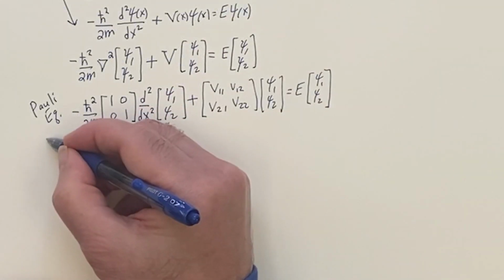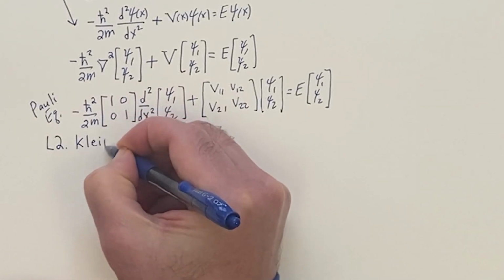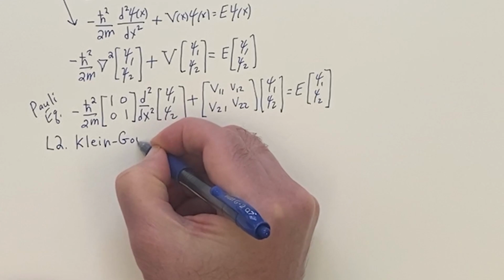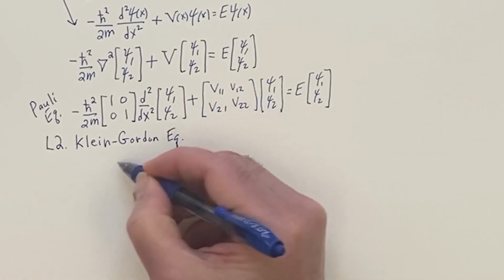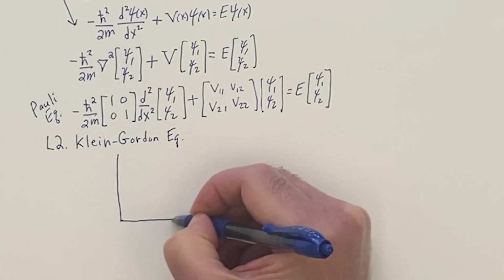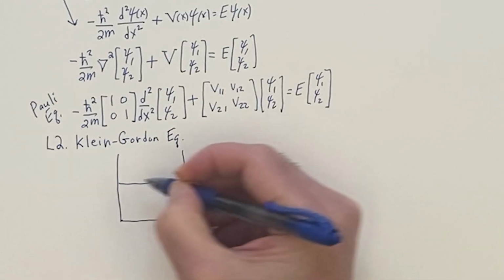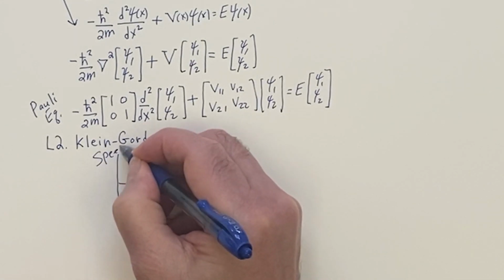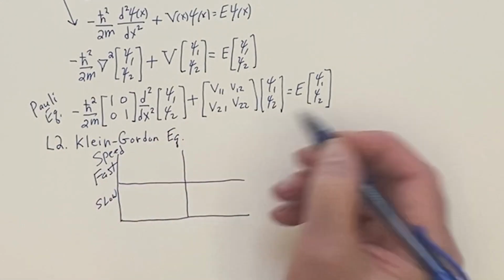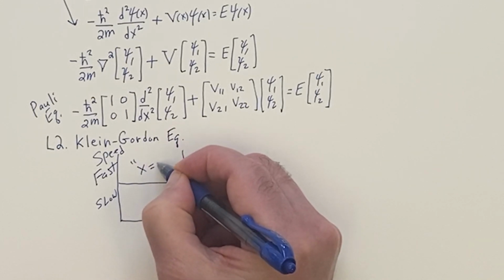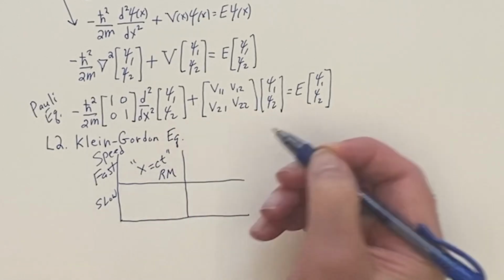And we know that, so let's look here, and the Klein-Gordon equation will be the title for this next section. So when we look at our nice little box diagram where we have the speed, and we're going fast here, we're going slow. This is relativity, you could say relativistic mechanics.